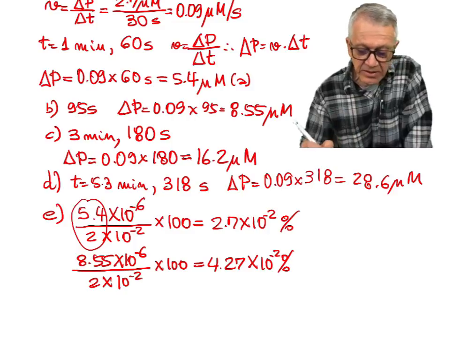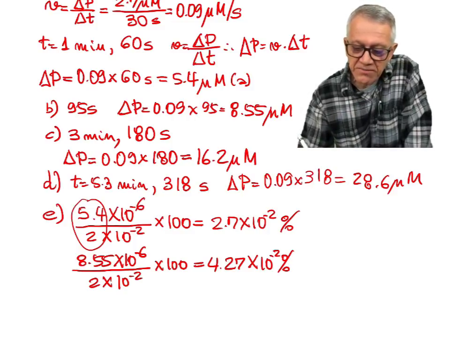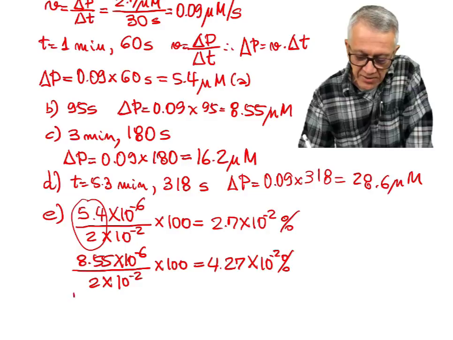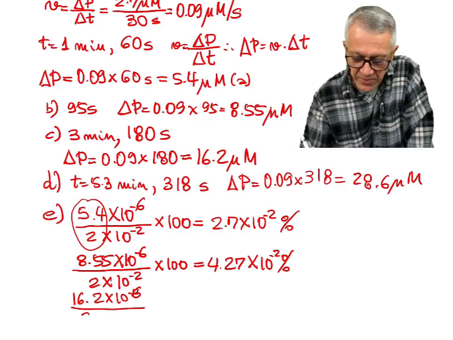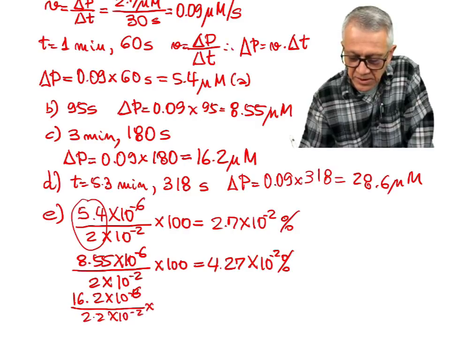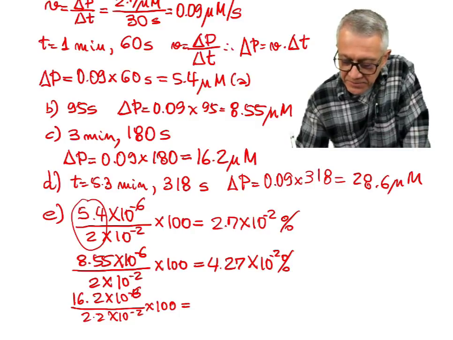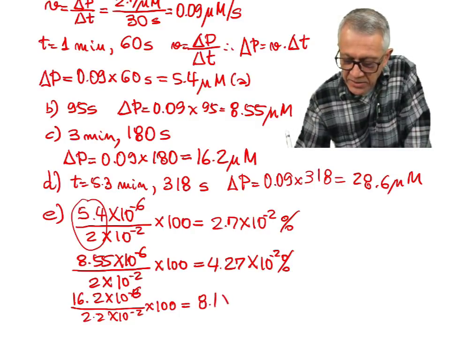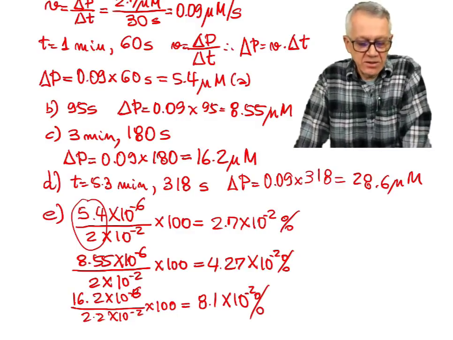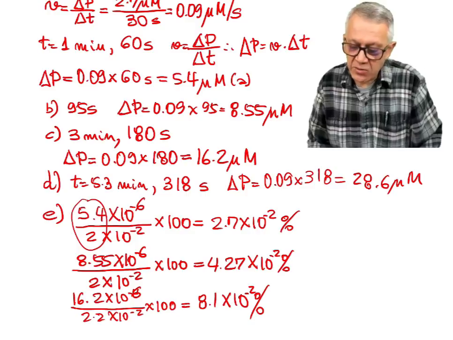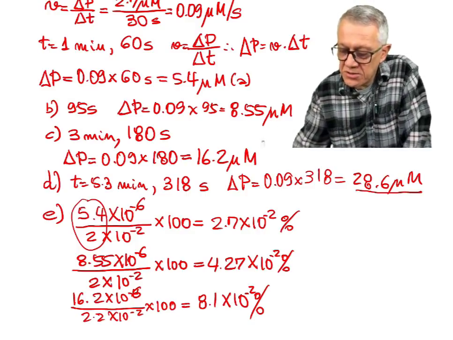Next one. When we have 3 minutes, we have 16.2 times 10 to minus 6 micromolar divided by 2 times 10 to minus 2 times 100. This would give 8.1 times 10 to the power of negative 2 percent, right? And the last one gave us 28.6 micromolar.